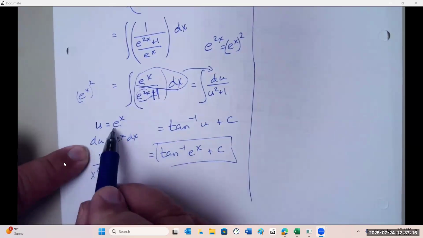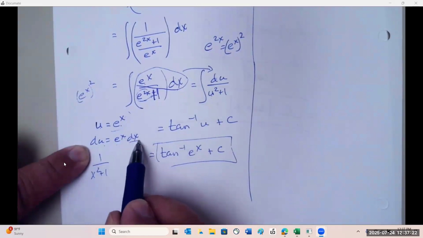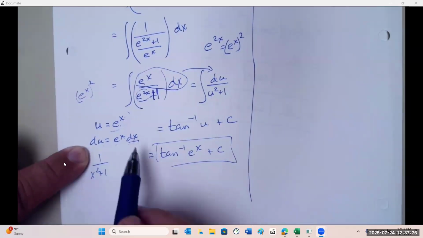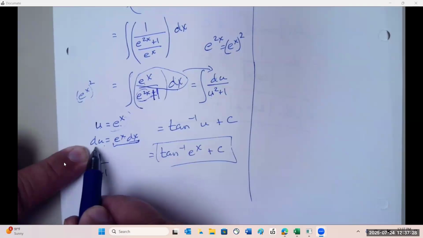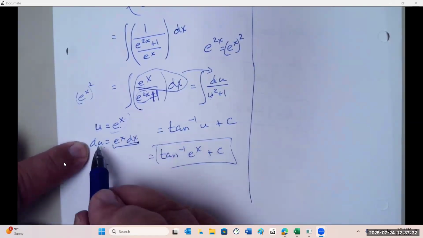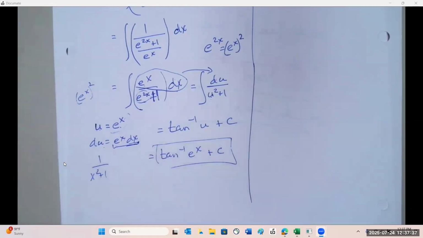Well, u is e to the power x. Du is a derivative of this, which is e to the x dx. E to the x times dx is du. Because whenever you take a derivative of u, remember, u is a function of x. You have to put a dx behind it. That's how we started off the whole discussion today.